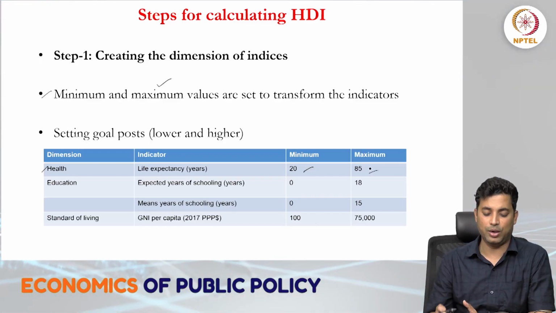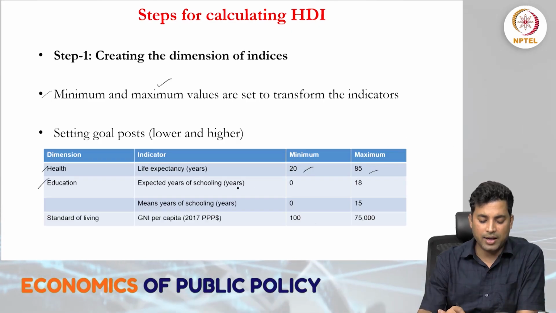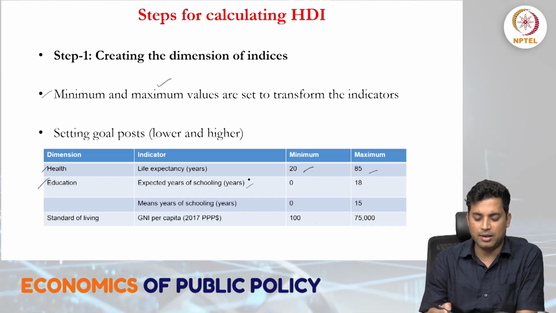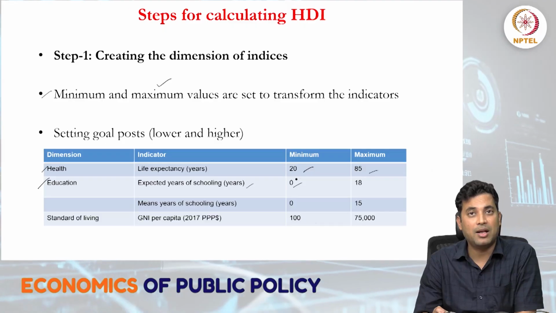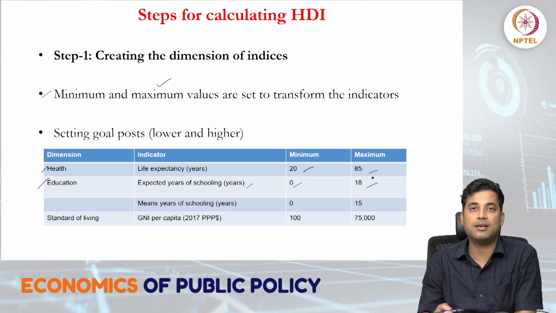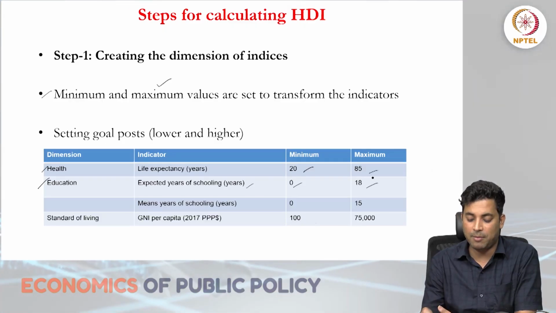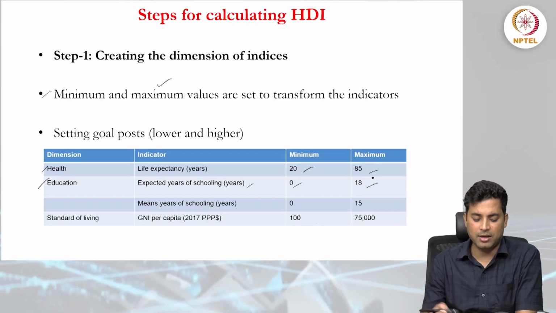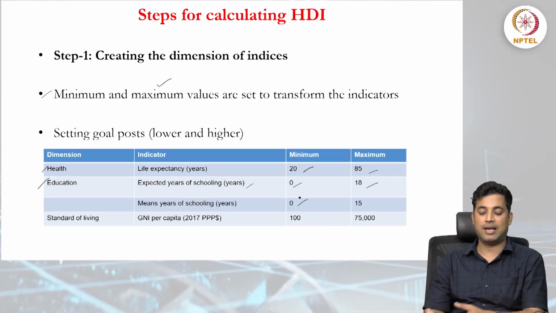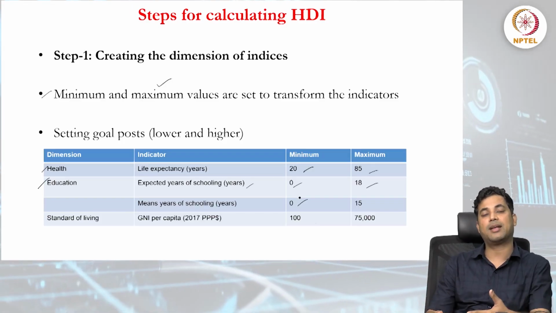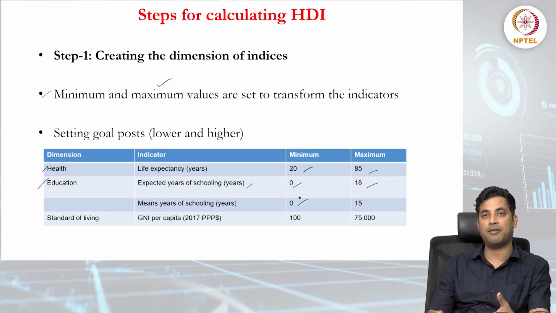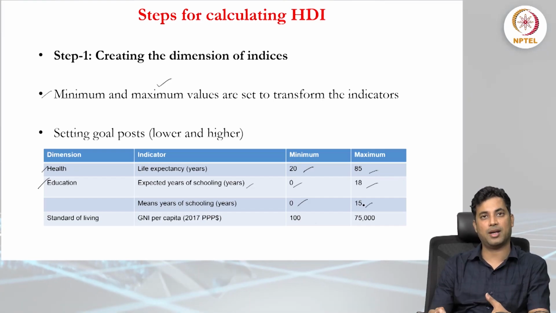That is the goal setting. For education, expected years of schooling has a minimum of 0, like illiterate, and a maximum of 18 years of schooling. Mean years of schooling, the average, is also 0 minimum, and 15 is at least graduation. That is the maximum that one can set.